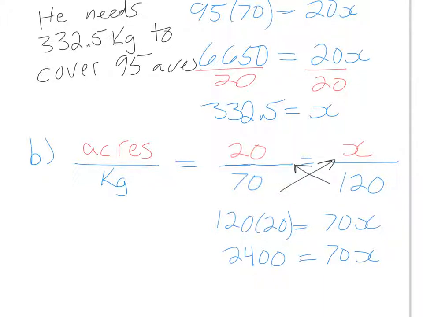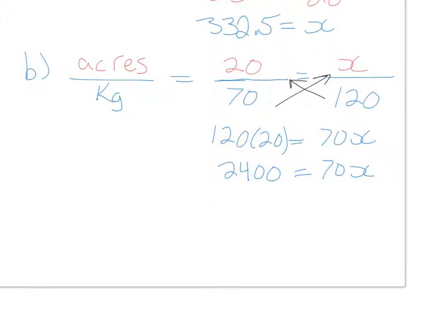Now, to get our final answer, we divide by whatever is attached to X on both sides. 2,400 divided by 70, again you can use your calculator, is 34.29, roughly. If you round off, you put a little dot to indicate that you're rounding off.